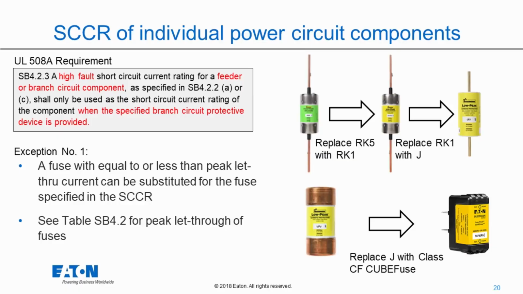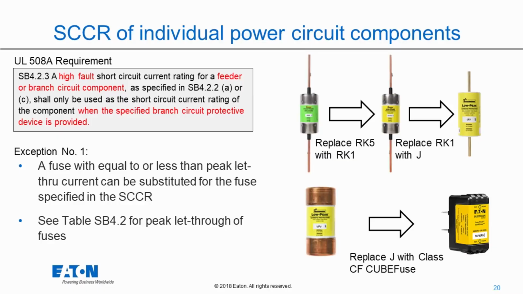There are 2 main reasons we see this. One is if you know the Bussmann cube fuse. The Bussmann cube fuse is equivalent to the class J fuse for peak let-through current. So if a component is listed with a class J fuse, I am permitted to substitute the class CF cube fuse for it instead.